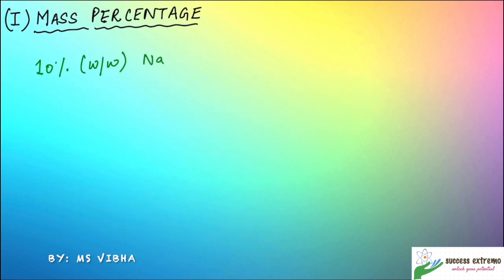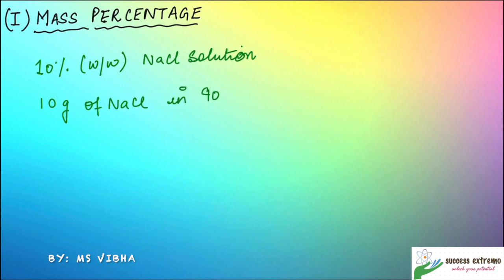Let's suppose we have been given a statement 10% W by W NaCl solution. What do we actually interpret from the following statement? It means that we have 10 grams of NaCl, which is basically considered to be solute, in 90 grams of solvent.